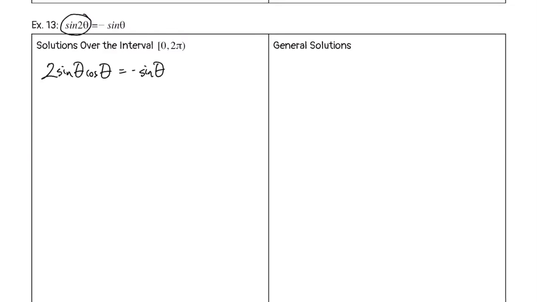Okay, so now we have this, all right? What are people's thoughts on how we should solve this? How do we solve this?